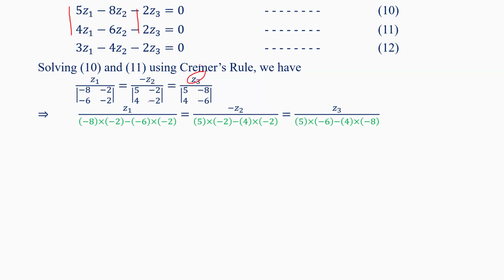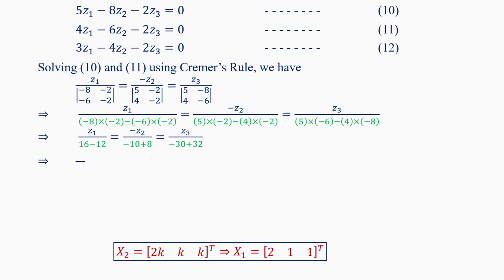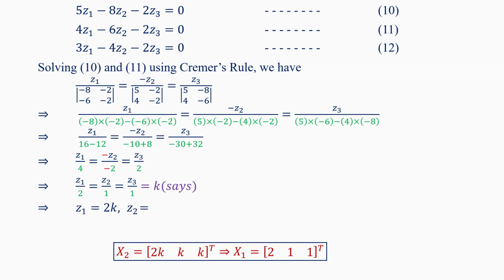And for z3, it is 5, 4, minus 8, minus 6. If we simplify it, the simplification is very simple and we get z1 upon 4, minus z2 upon minus 2, z3 upon 2. If you multiply the whole equation by 2, the value of z1 is 2k, the value of z2 is k, and the value of z3 is also k.